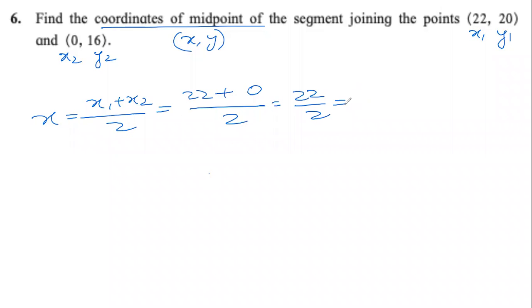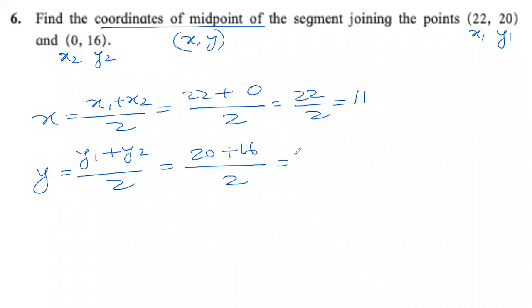Ankit, 22 divided by 2 is 11. We divide 22 by 2, not 2 by 22. Similarly, when we calculate y, it will be y1 plus y2 by 2. y1 is 20, y2 is 16, divided by 2. 20 plus 16 is 36, divided by 2. 36 divided by 2 equals 18.